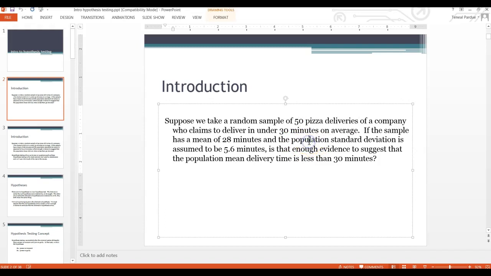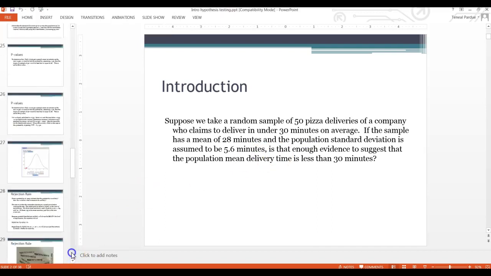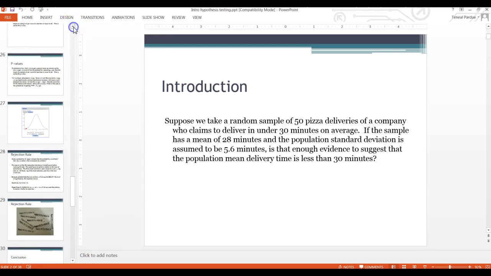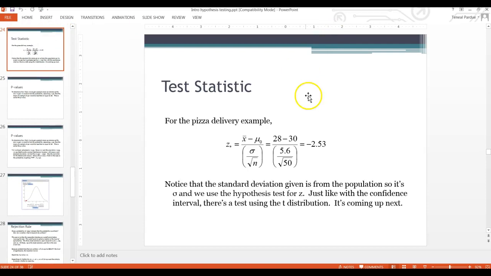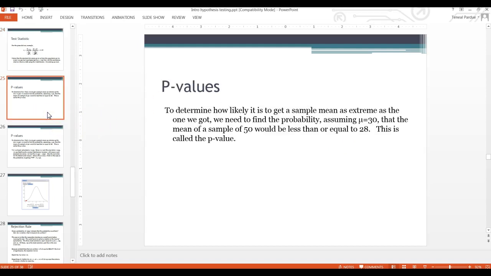So that's going to make this a Z test. We'll do t-tests next week. So we do that and we get negative 2.53. That's the test statistic, which we're going to use to find the p-value.